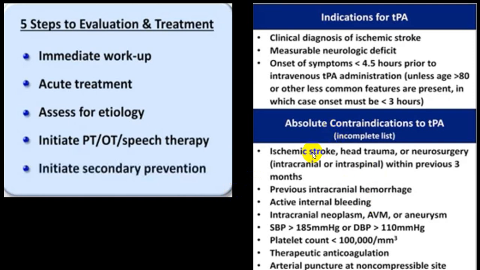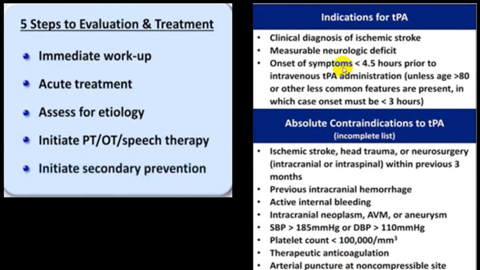So absolute contraindications: ischemic stroke, head trauma, or neurosurgery within the previous 3 months, intracranial hemorrhage, active internal bleeding, intracranial neoplasm, AV malformation or aneurysm, or if the blood pressure is more than 185, diastolic more than 110, platelet count less than 100,000 or 1 lakh, the person is on anticoagulants, or the person has had an arterial puncture at non-compressible sites within the past 7 days, etc. There are many more.